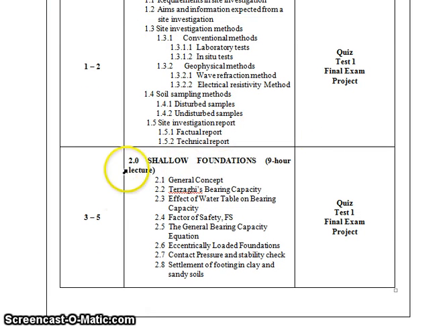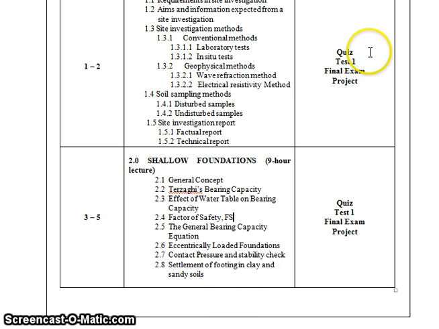Then after that, we move to shallow foundation, whereby we will spend about 9 hours. For this particular chapter, we will introduce you the general concept of shallow foundation and several equations necessary for you to do the design, and the idea of bearing capacity, safety factor, eccentrically loaded foundation, contact pressure and stability, and after that the settlement performance of your shallow foundation.